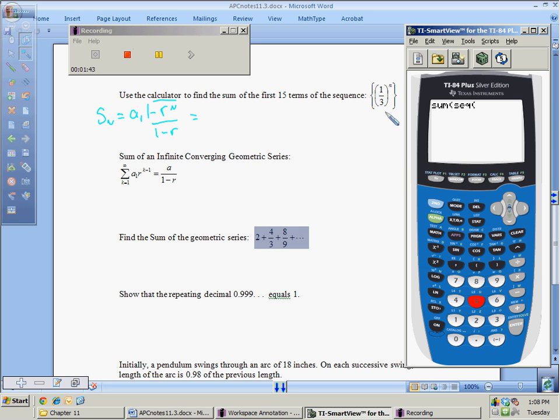And then I'm going to type in this, where I think I have to put another set of parentheses: 1 divided by 3, raised to the n. Whoops, that's not a raised to, that looks like a pi.